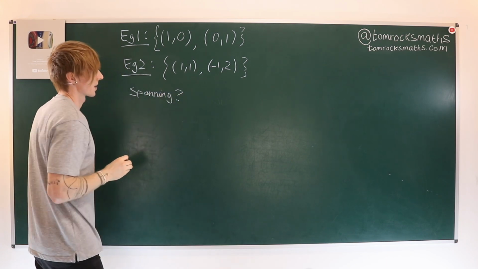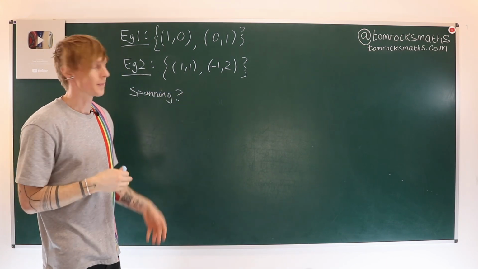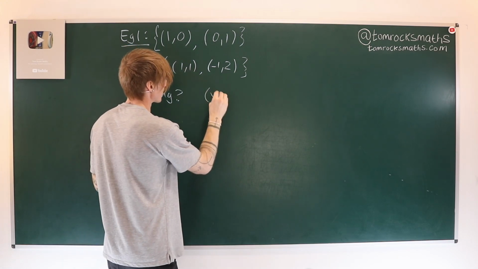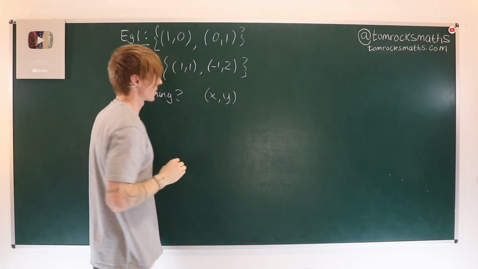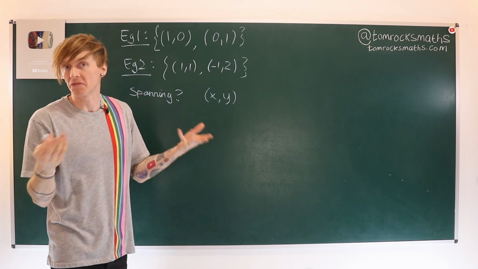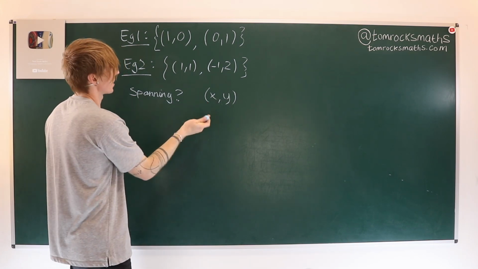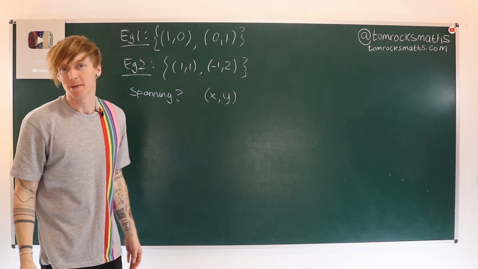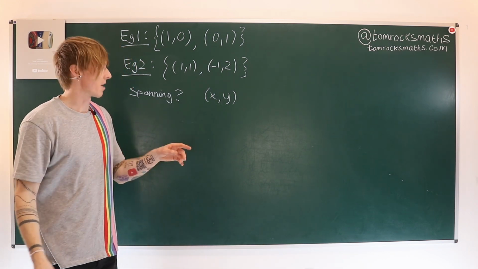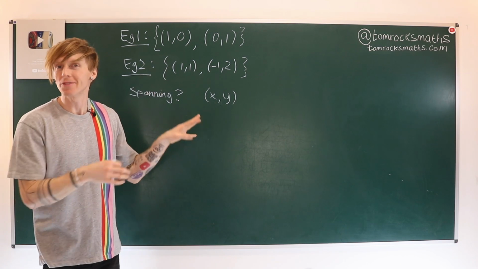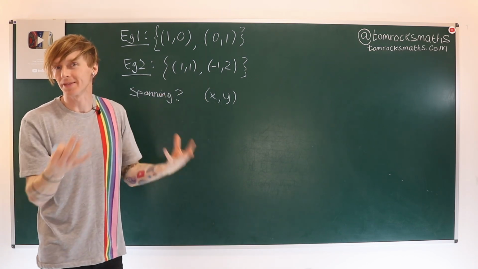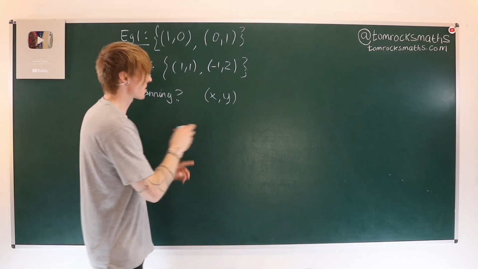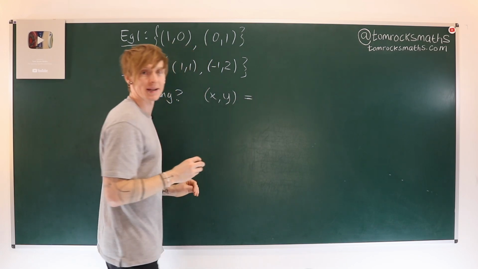As we saw before, what we need to do is find coefficients, I called them alpha and beta, such that (x, y) is equal to some amount of the first one plus some amount of the second one. I won't solve this explicitly. You can check my answer or try to solve it for yourselves.